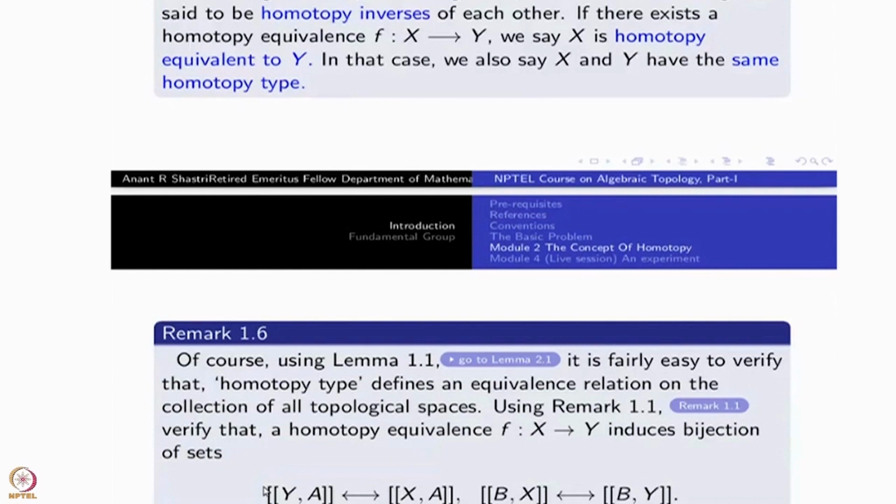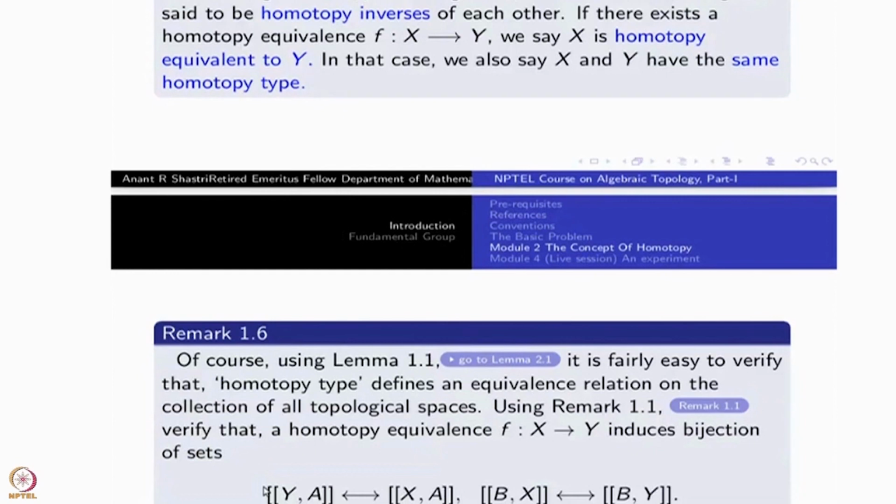If f gives X homotopic to Y, its inverse will give you Y homotopic to X, and so on. So homotopy equivalence is an equivalence relation.